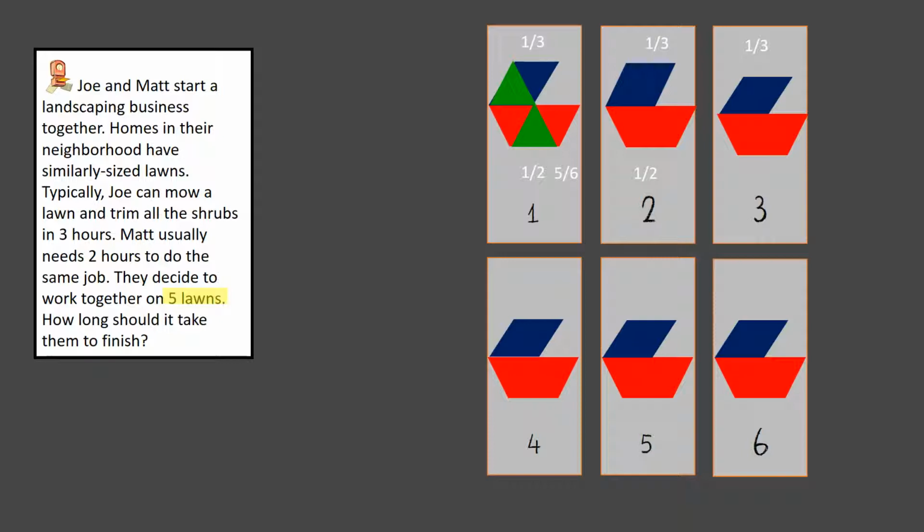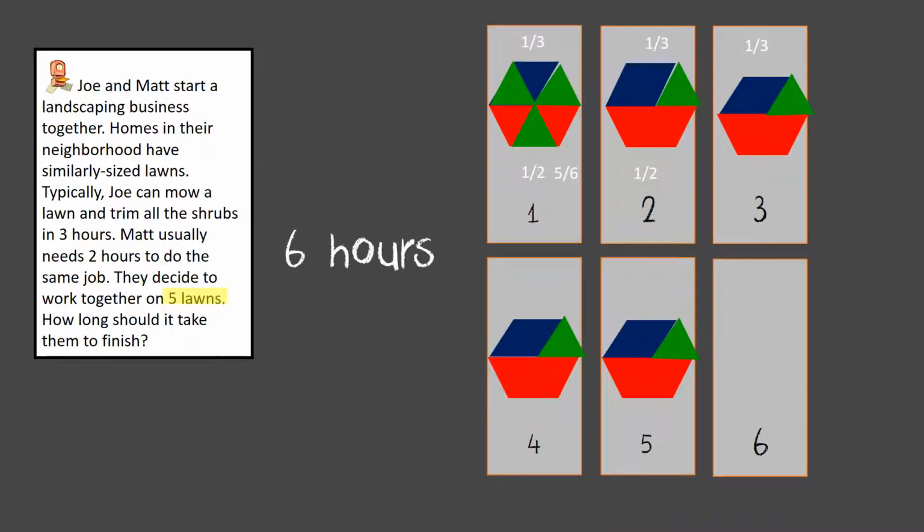So I want to see if I can break that lawn down into parts of 6. So I've broken it into 6, and now I can take each one of those sixths and fill in the spaces for each lawn. And so now I have 5 full lawns completed, and it took me 6 hours to finish it.